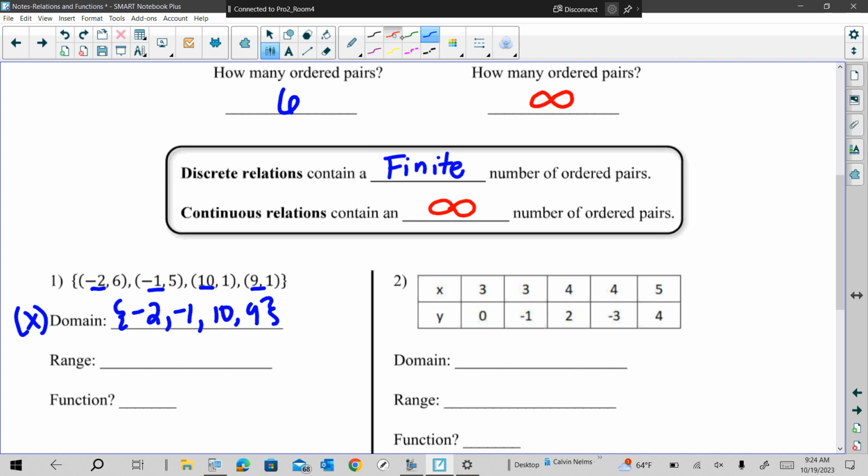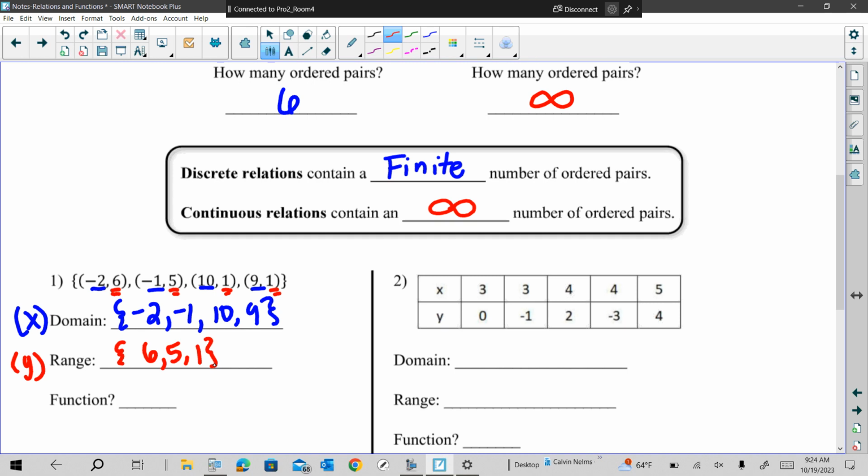All right, what values represent the range? Yeah, that's the y values. So that's the second coordinate. So what is the range? 6, 5, 1. Do I have to repeat the 1? No. So is this a function? How do I determine if it's a function?